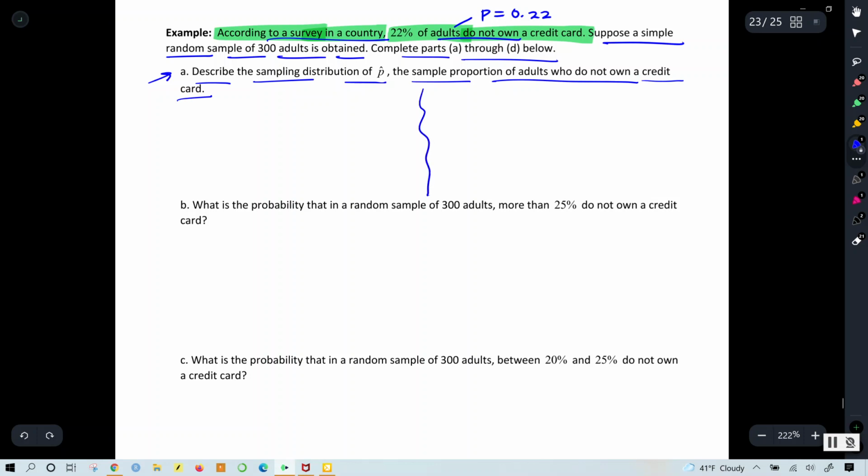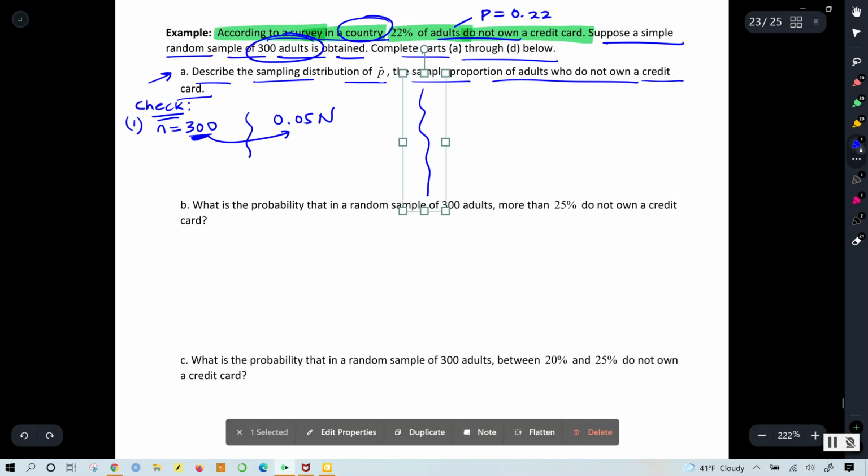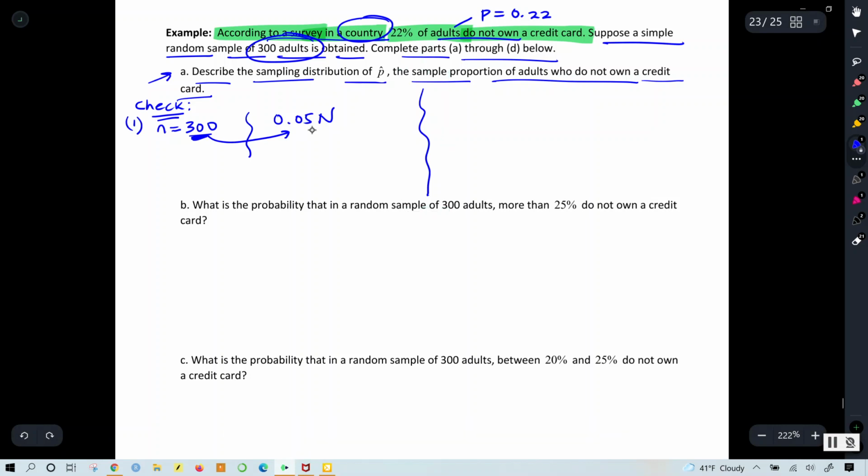In order to see if we can use the normal distribution, we have to check our usual conditions. Condition 1 is to compare the sample size of 300 to 5% multiplied by the entire population. Well, in this case, we don't have the entire population size, but we know that 300 people, more likely than not, is definitely lesser than 5% of the entire population.